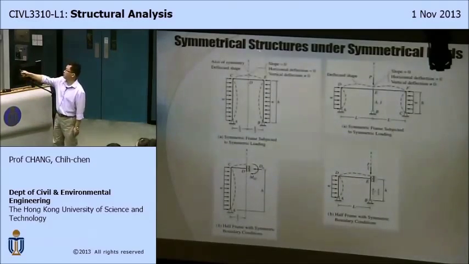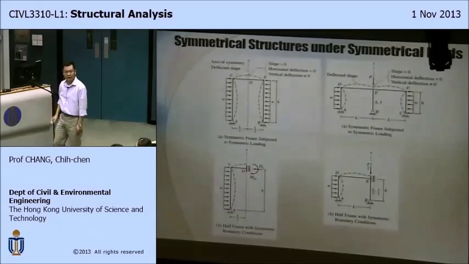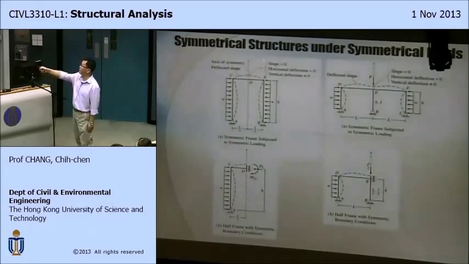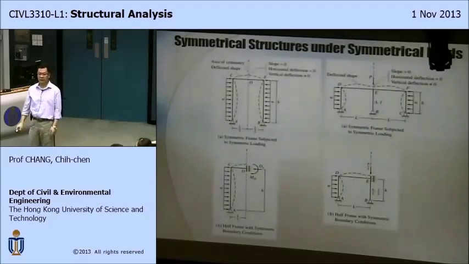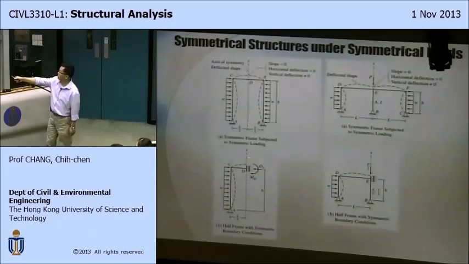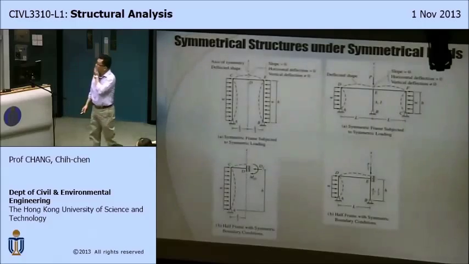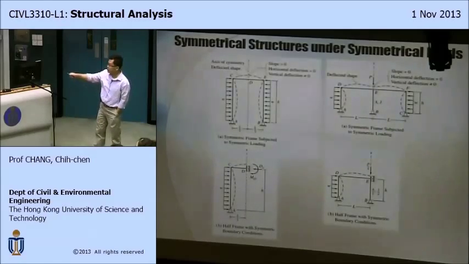So you can just cut the structure into half. You analyze half of the structure only, but changing the boundary conditions there so that it complies with what we observed from the symmetrical structure under symmetrical load conditions. So you just analyze half of the structure like that with this kind of support conditions. So you don't have to go all the way. You just do half.